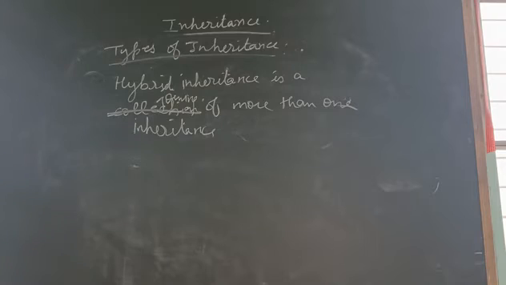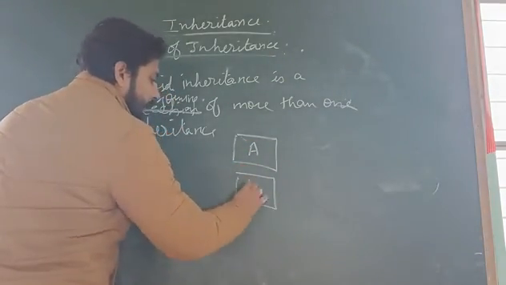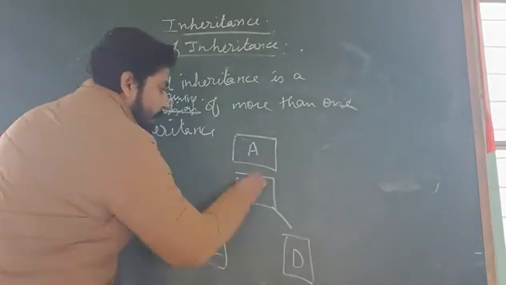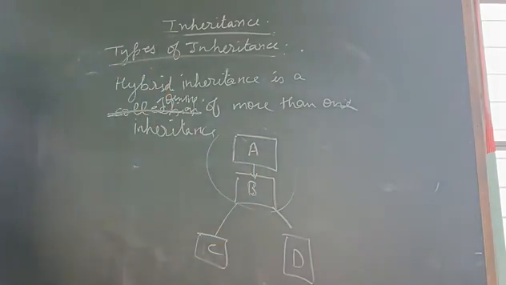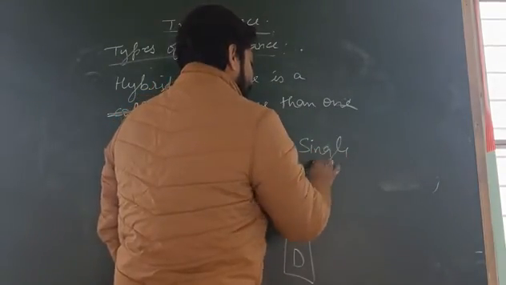But the thing is, how do we provide this hybrid inheritance? For hybrid inheritance, we have a minimum of two types of inheritance. For example, suppose I am using A, here B, and here C and D. A and B are performing single inheritance.